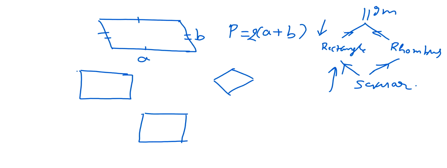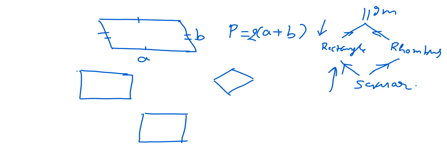So remember from here: each parallelogram is not a rectangle, rhombus or square. Each rectangle is a parallelogram, but each rectangle is not a square. Each rhombus is a parallelogram, but each rhombus is not a square. A square is also a rhombus, also a rectangle, also a parallelogram, so a square possesses all properties.